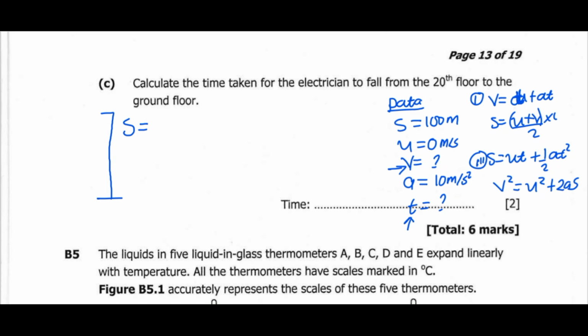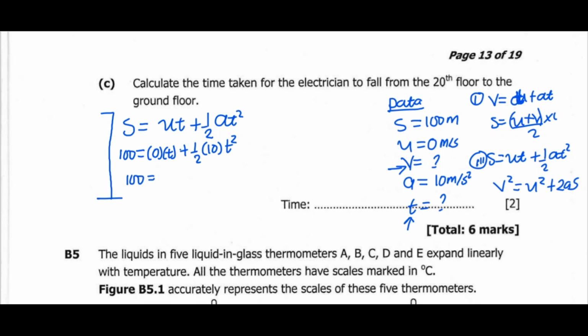So s is equal to ut plus half at squared. Now, if we put the data here, we know that the displacement, the distance, is 100. Since it was falling down, the initial velocity is 0. So 0 times t plus half, the acceleration is 10, multiplied by t squared, which is 100. 0 times t is just 0.